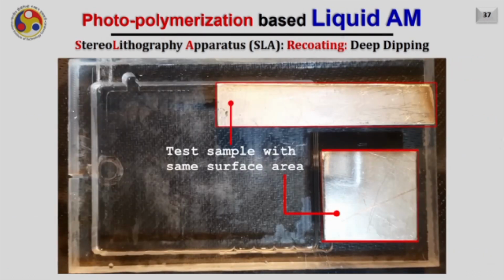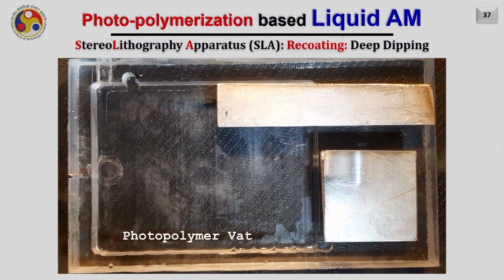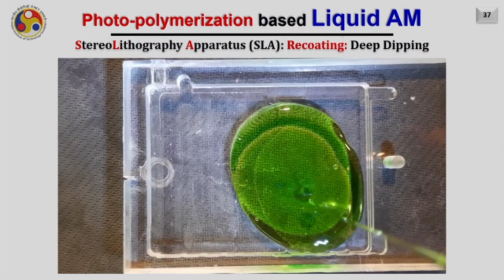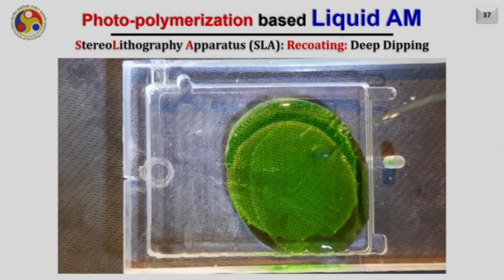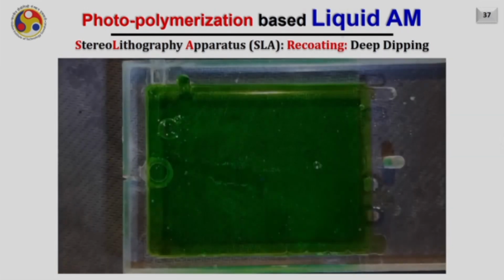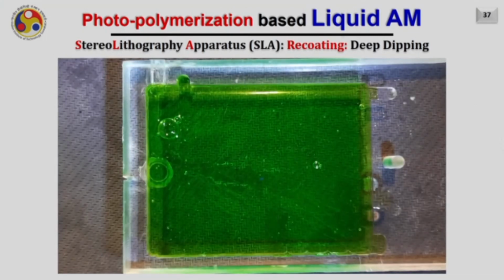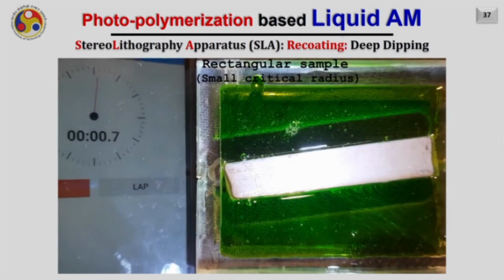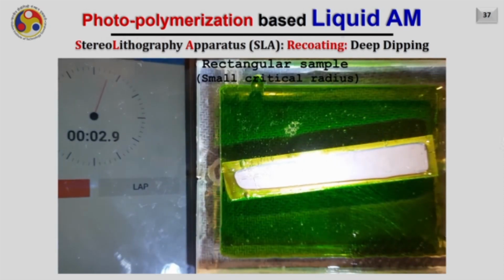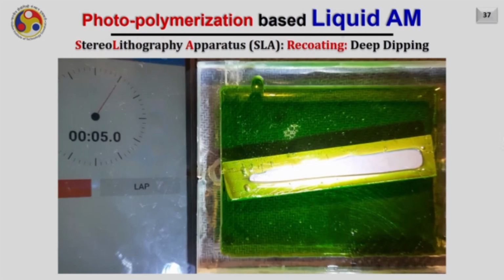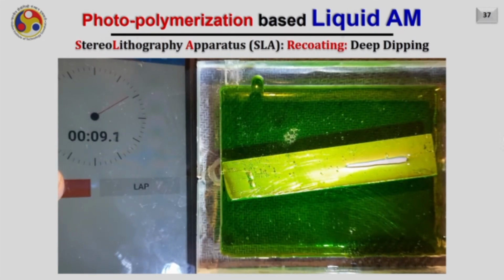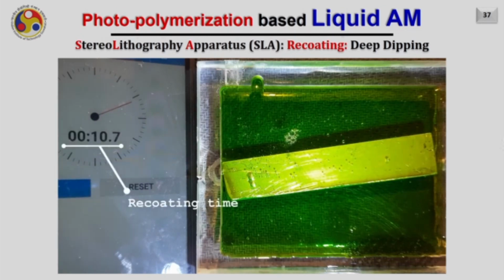Let us now look at a video which you can also do as an experiment at home. We have two objects of the same surface area but different critical radius. We have a vat of liquid photopolymer where we will test how much time it will take to sink the objects. This first object, which obviously has a lower critical radius, sinks into the wet photopolymer within approximately 10 seconds.